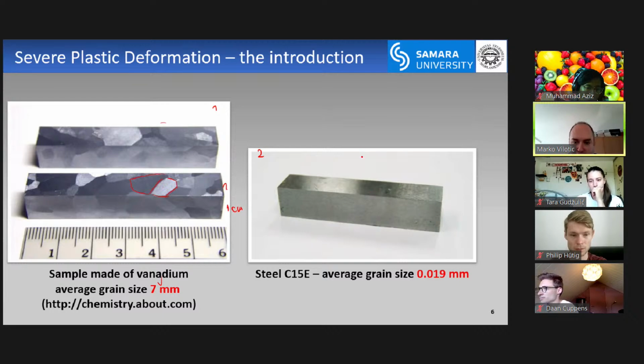On the right image, you cannot see the grain size. Why? Because the grain size is around 19 micrometers, so you need a microscope. You can use an ordinary light microscope, or of course SEM or others. I just want to emphasize that the samples have different sizes of building blocks.